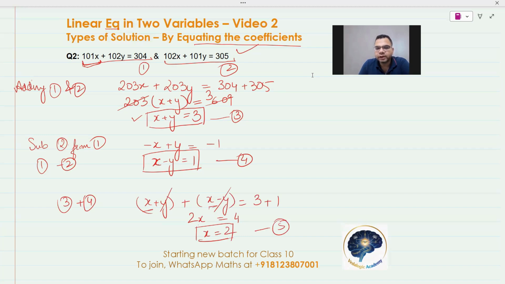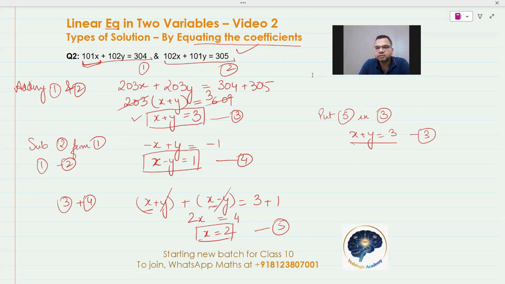Let's say this is equation 5, and I put 5 in, let's say, 3. Okay, so x plus y is 3. This is equation number 3, right? And x equals 2 is equation 5.